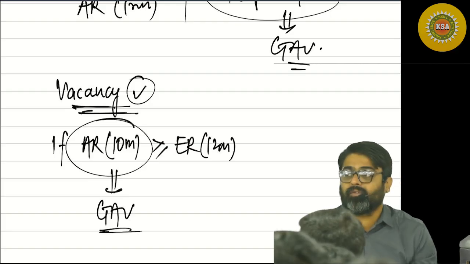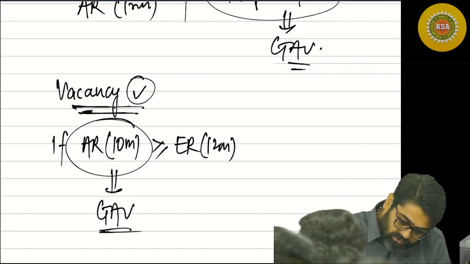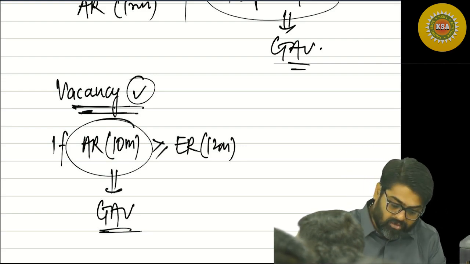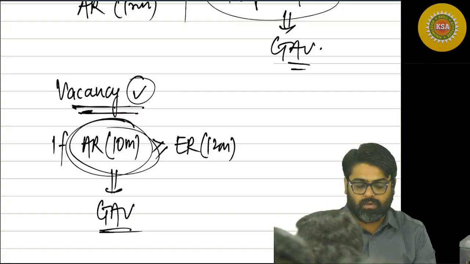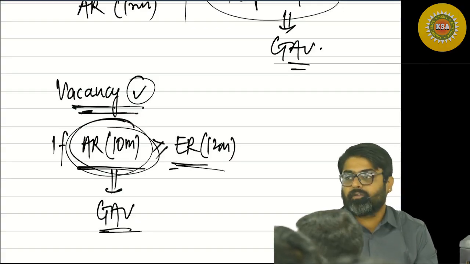Did you understand the first case? Hello, sir. If vacancy is there, and even then actual rent is higher than or equal to expected rent, then actual rent will be treated as GAV.